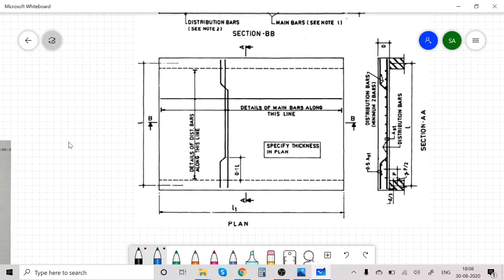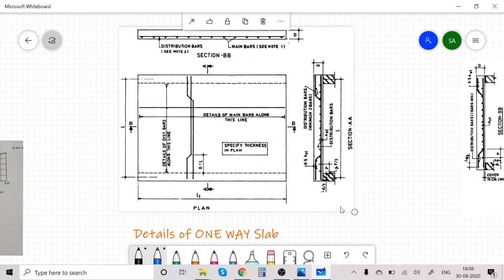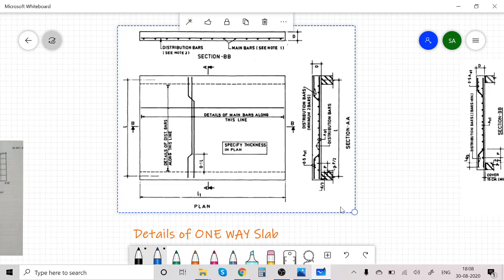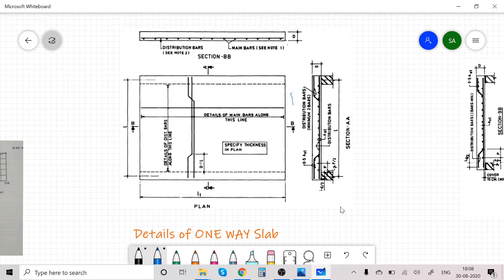Now these are the details of one-way slab. Here you can see that this span is the shorter span. And the main steel is provided, this is main steel, along the shorter span.